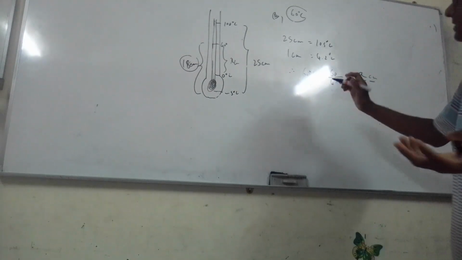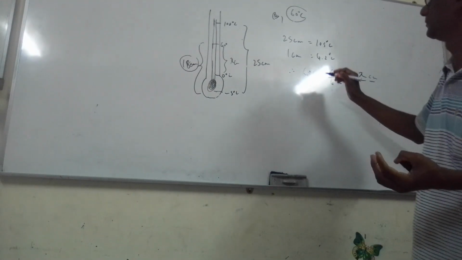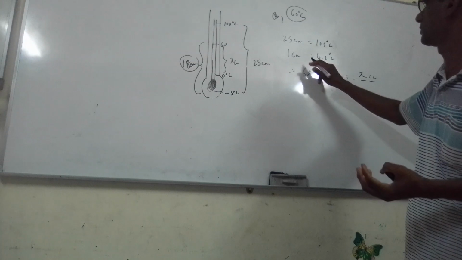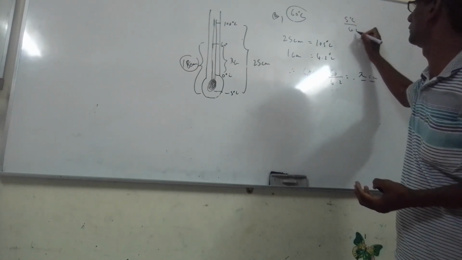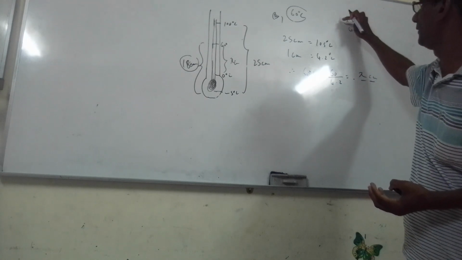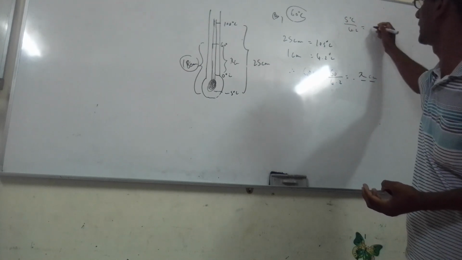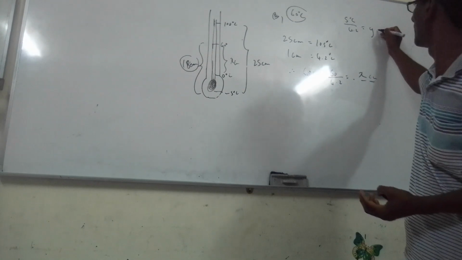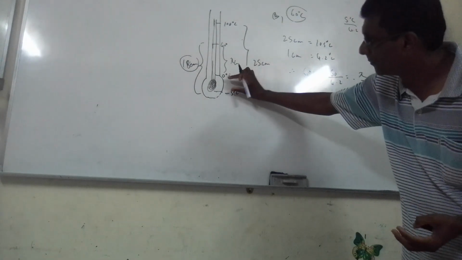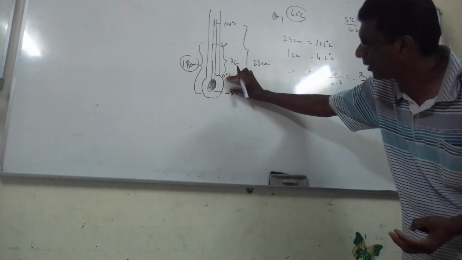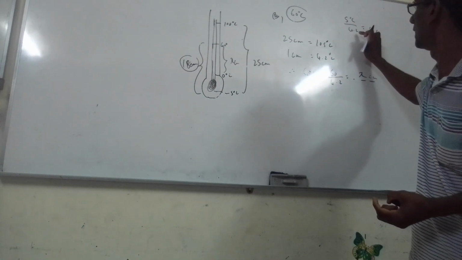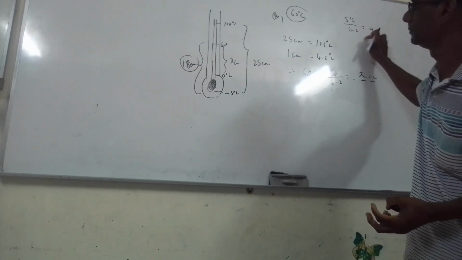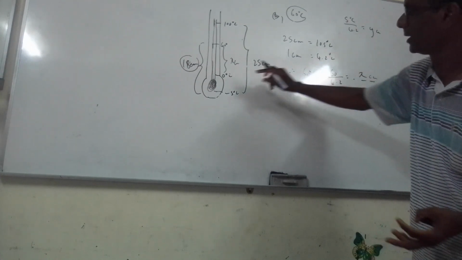For example, for 5 degrees Celsius, divide 5 by 4.2 and you get y cm.